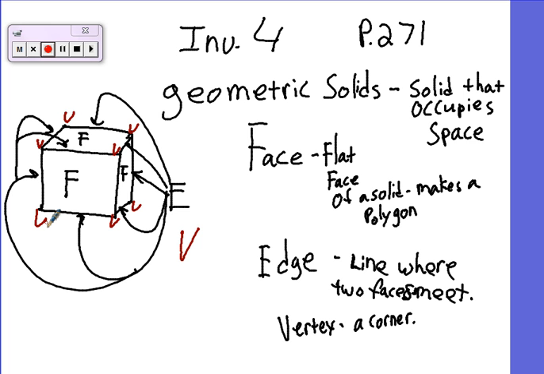All right, so for this investigation, it's pretty easy. Number 1 says a triangular prism has how many faces? It's drawn out. It looks like a piece of cheese. Count the faces, count the edges, count the vertices. For number 2, name those solids.